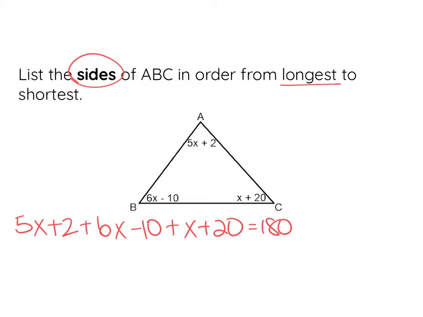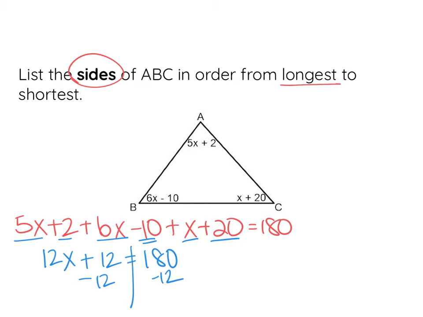So let's add our like terms. I have 5 and 6 and 1, so that is 12x. And then I have 2 minus 10, which is negative 8, plus 20, so that would be plus 12. Okay, so subtract 12, I get 12x equals 168.